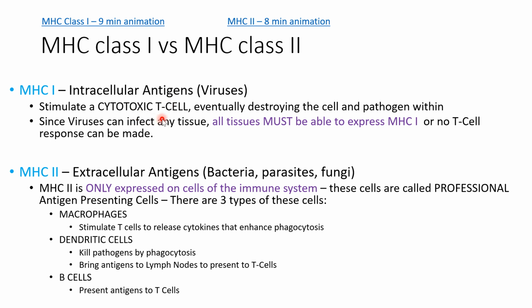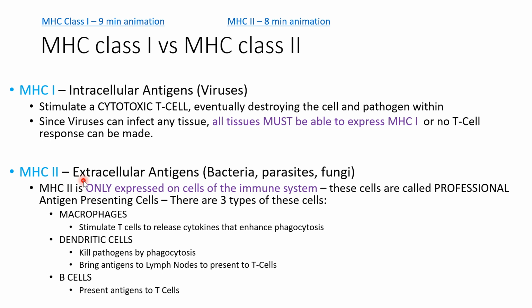This stimulates the cytotoxic T cells. And since viruses can affect any tissue, all tissues have to be able to express this MHC 1 or no T cell response is going to occur because, again, T cells only respond to antigens presented on the surface by MHC 1s, or 2s.